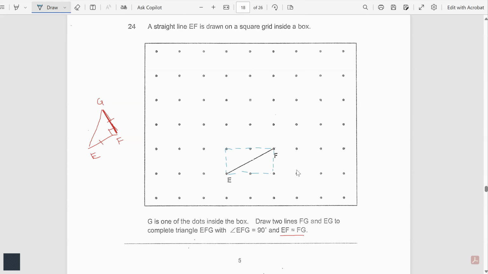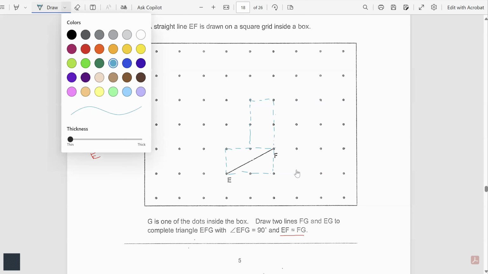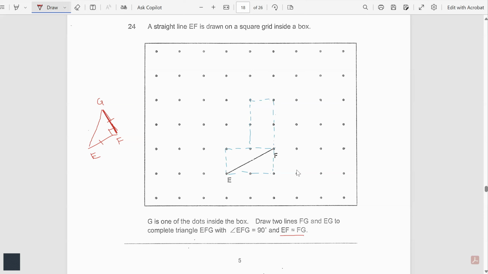So when you want to draw a 90 degrees right angle, the line should cut across two squares as well, but the two squares will be perpendicular. You don't have to draw it out, but I'm just trying to show you how you know where the line goes. So it should end up here. Okay, so something like that when you draw the line.